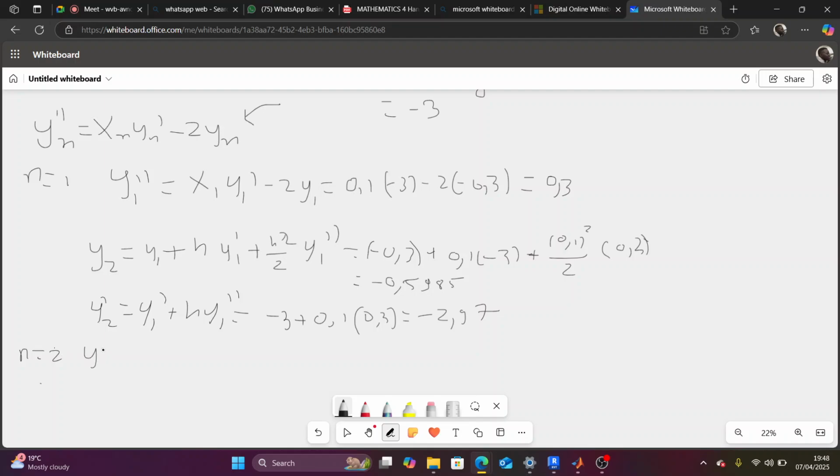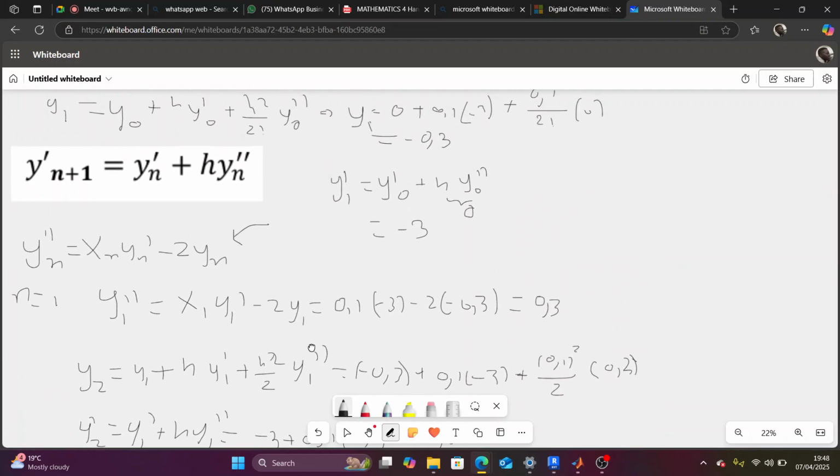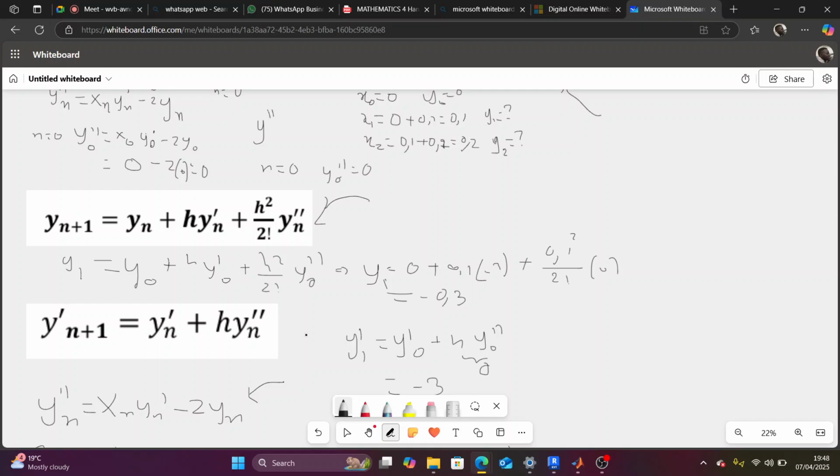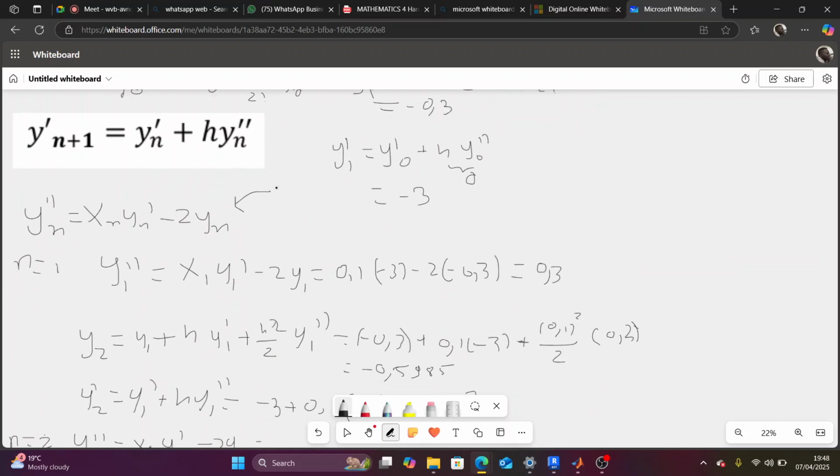So it means you have y double prime 2 equal to x2 multiplied by y2 prime minus 2y2. Now if you can substitute, what is x2? X2 is the one that you find here, 0.2.